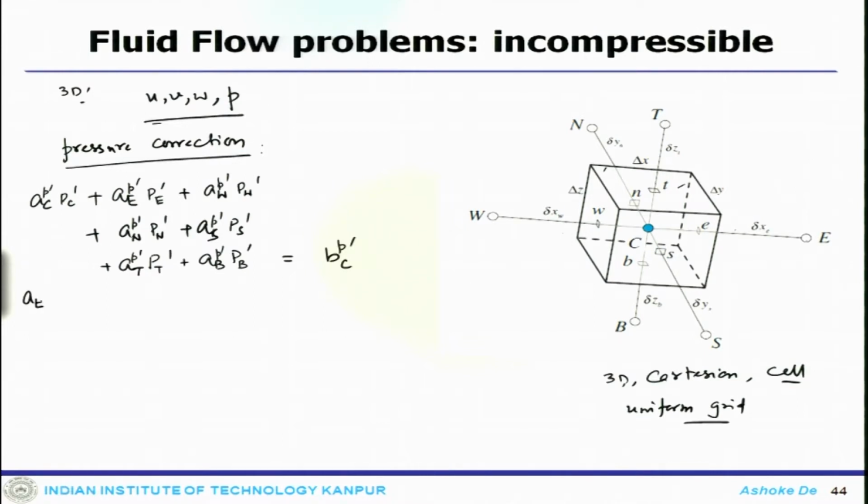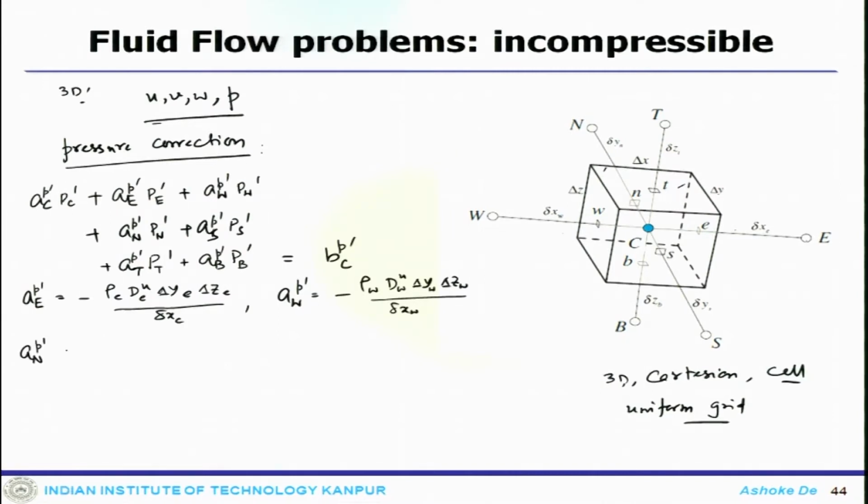So, let us get that. aE P prime is rho E dE u delta y E delta z E by delta x C. Now, aW P prime is minus rho W dW u delta y W delta z W by del x W.